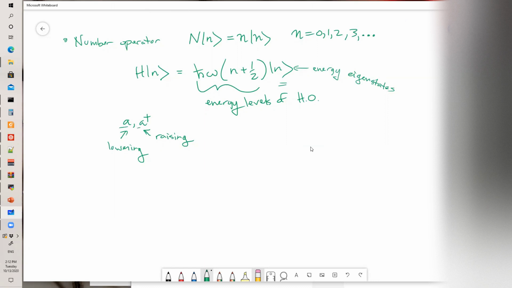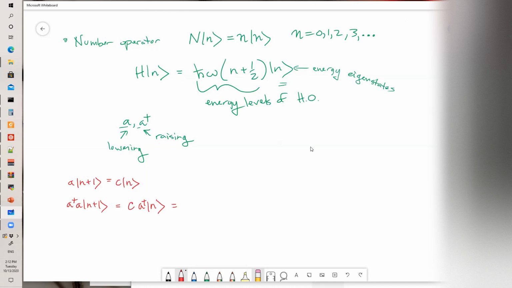So let's suppose we look at how A acts on, say, the n plus 1 state. We know that this should lower it by 1, but in principle, there could be some coefficient out front, C. And we also know that if we do A dagger A acting on n plus 1, that should be C times A dagger n, right?